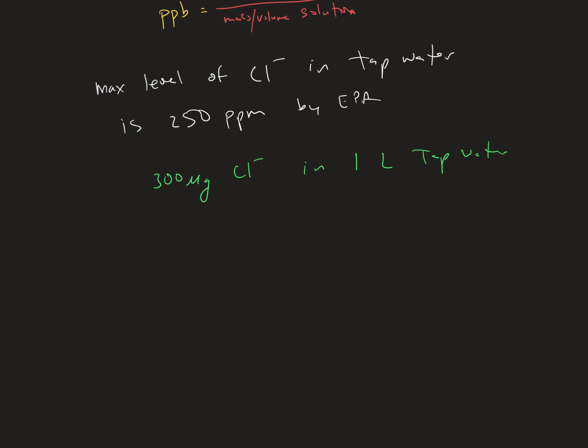We need it in the right units. So I'm going to just start with 300 micrograms of chloride to 1 liter. That weird U-shape symbol? Is it micro? Yep. It looks like an M, but it kind of looks like a U too. Yeah. Okay, so liters of tap water, which is solution, right?